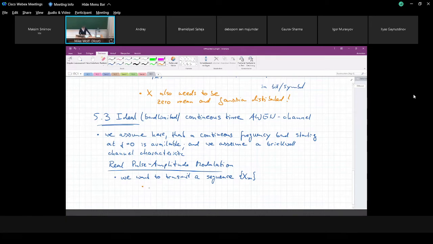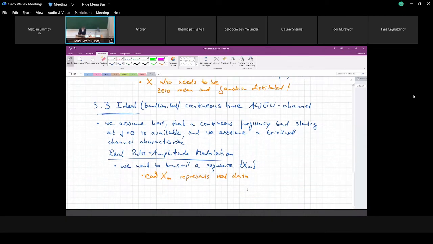But now we say, each XM, if you take a look at a certain symbol, is a real modulation symbol representing data. So this represents our data at the output of the encoder to be transmitted. Each XM represents real, not complex data.